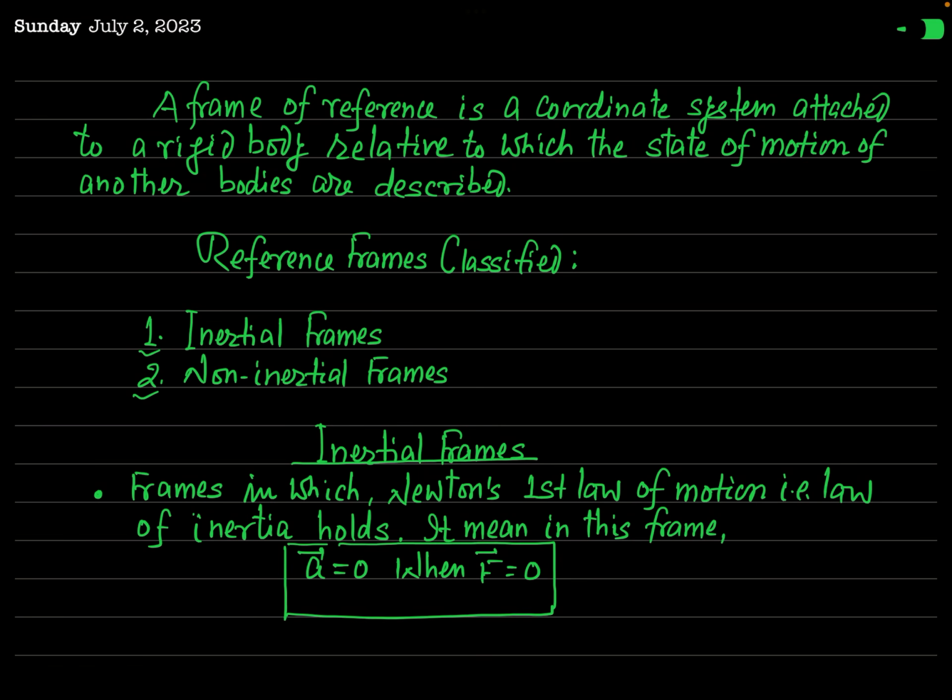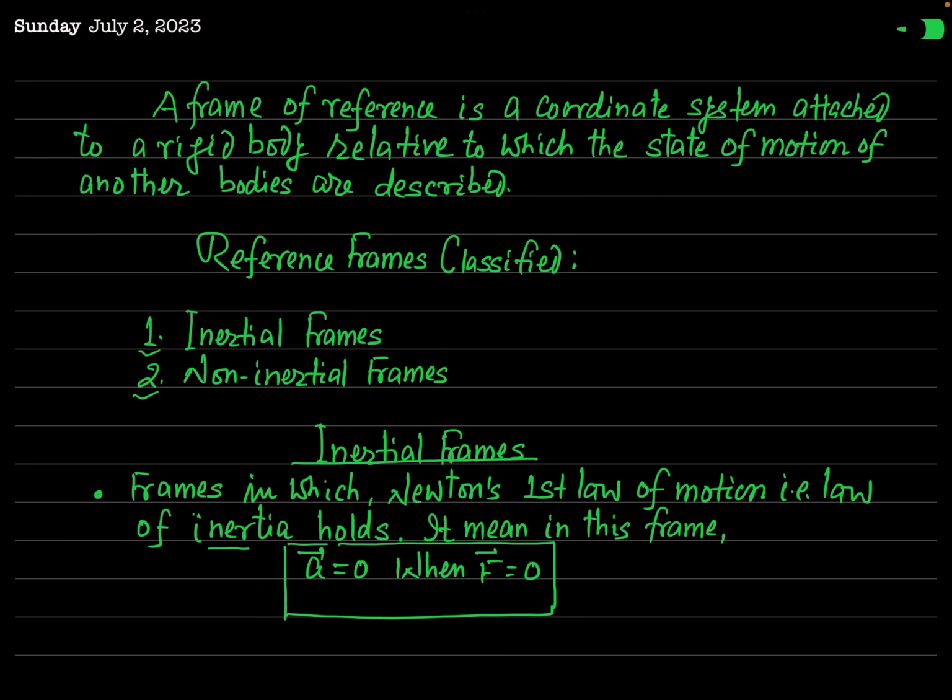Because this inertial frame is defined in terms of the validity of Newton's first law of motion. In fact, all those reference frames in which Newton's first law of motion, also called the law of inertia, holds good are called inertial frames.